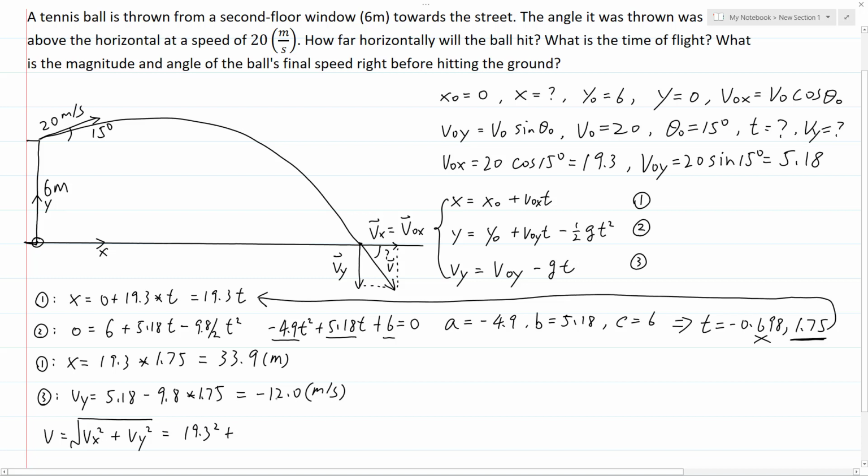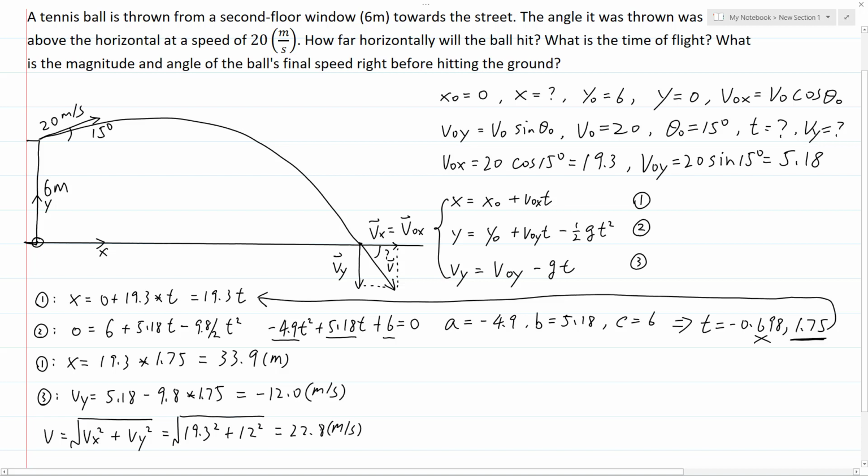Vy is negative 12, but I never ever square negatives. That's a recipe for mistakes. What if you put your negative sign in the wrong spot in your calculator? Then you'll make a mistake, right? So now square them, take the square root, and this one gets you 22.8 meters per second.